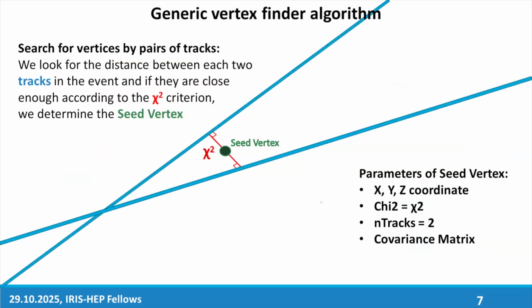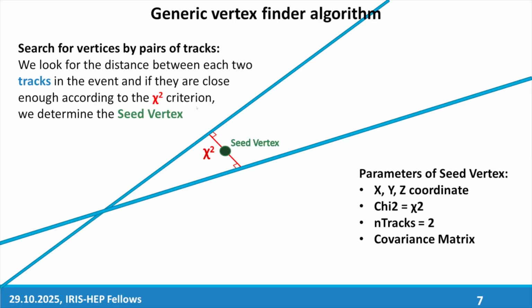The algorithm itself is written in the form of several stages, and on the first stage we need to build a so-called seed vertex. How do we do this? We compare every two tracks in the event and check whether they are close enough according to the chi-square criterion for two lines.